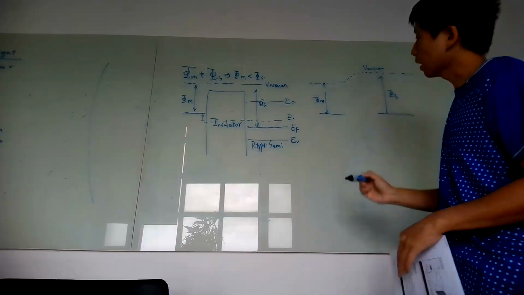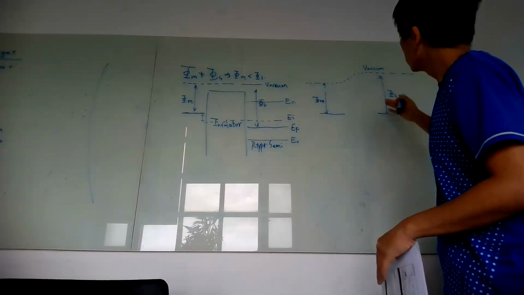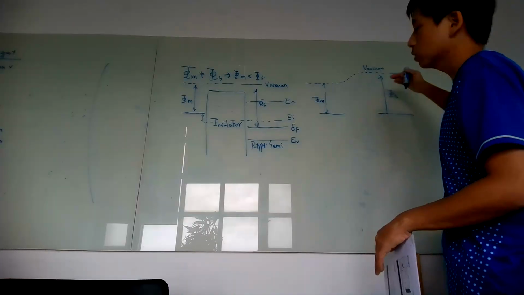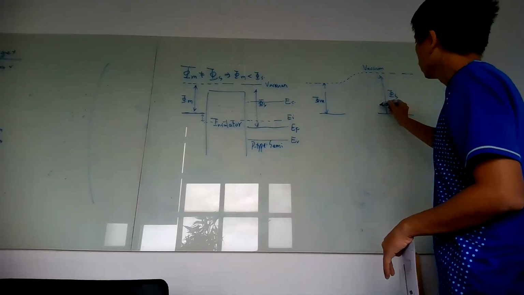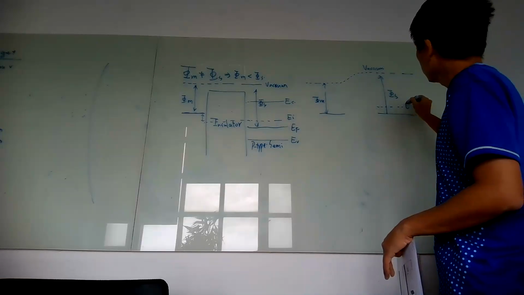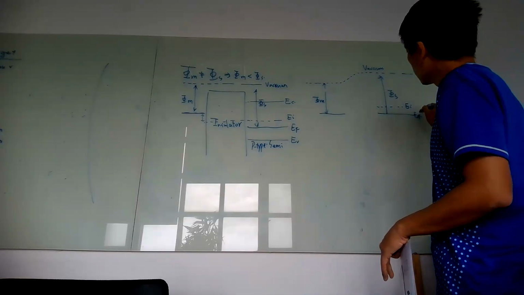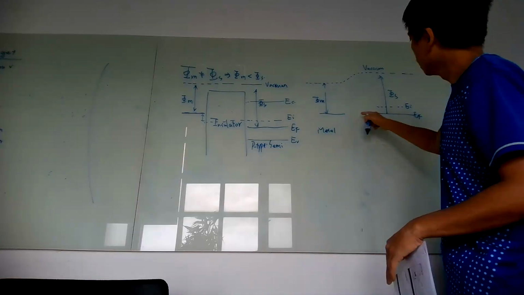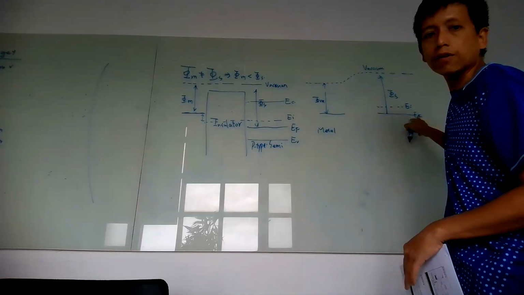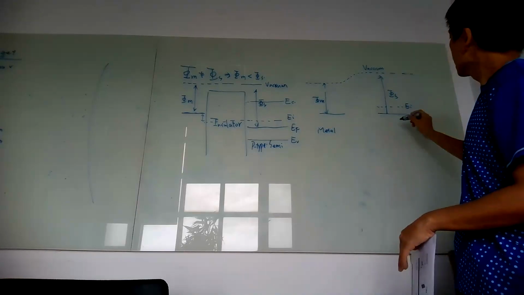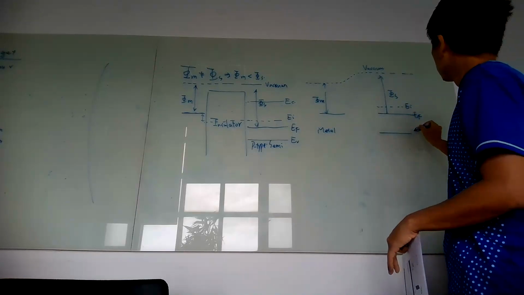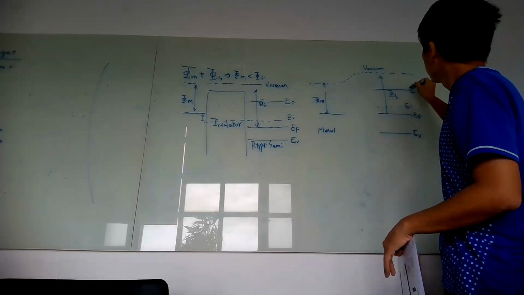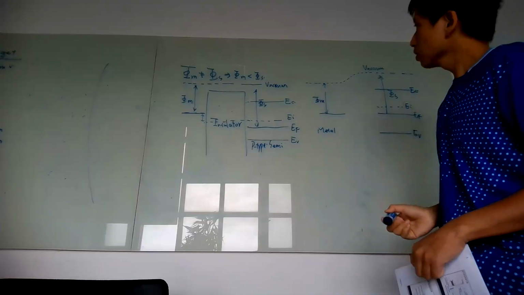Your vacuum level will be the dashed line here, and this vacuum level will bend upward. After considering this Fermi level, you can draw the corresponding positions of the conduction band, intrinsic level, and the valence band. So again, we try to draw the intrinsic level and the Fermi level. You can see the work function of the metal will be exactly at the same level as the Fermi level in the semiconductor. Okay. And also we try to draw the valence band and conduction band.